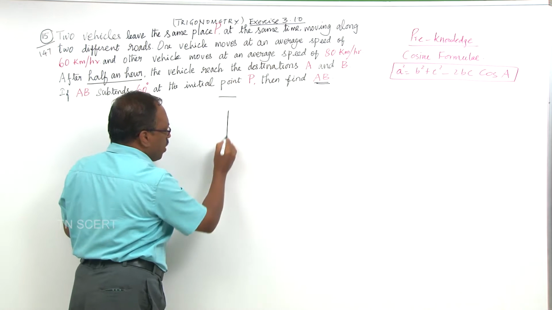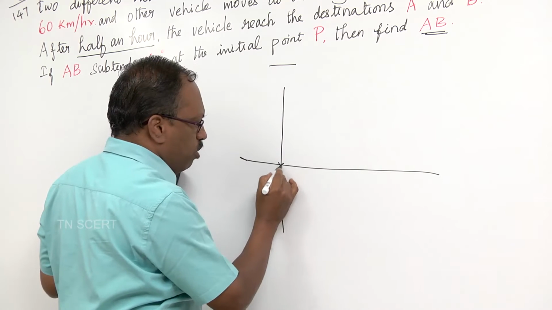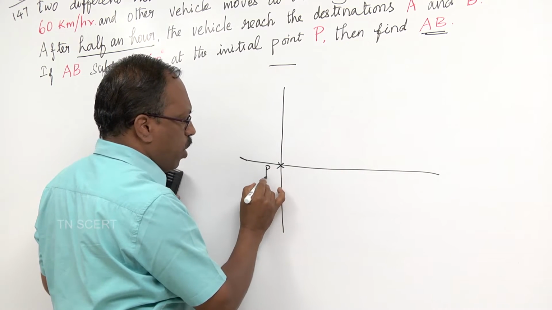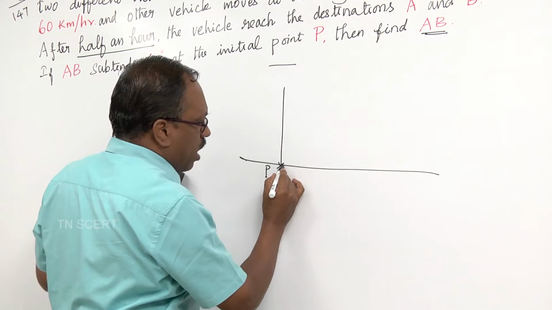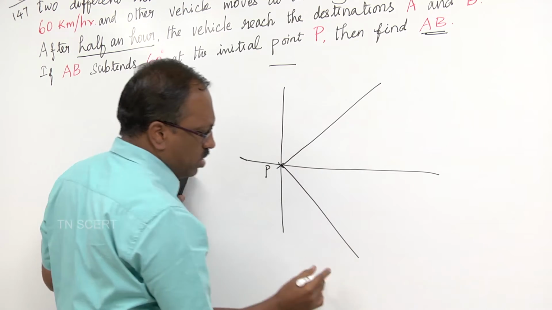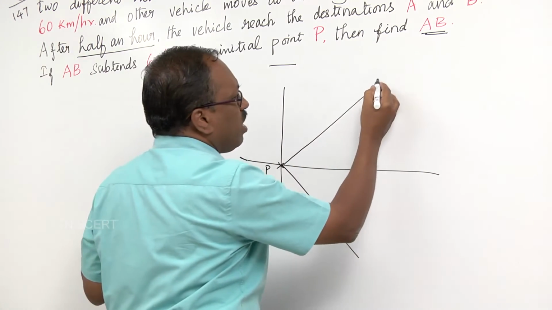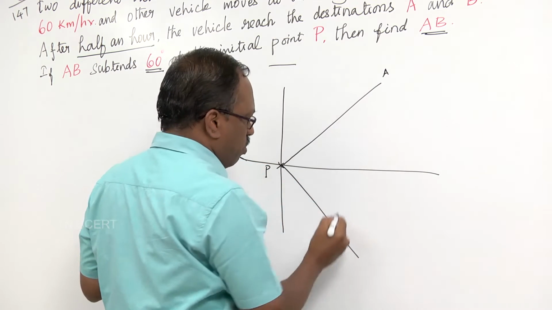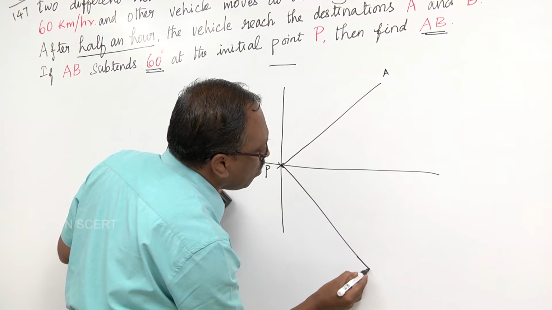For this question, first of all you have to locate the point P, the initial point. Let me take two different directions, one like north, the other like south, or towards this way. One vehicle moves along to A, and the other one is B here.